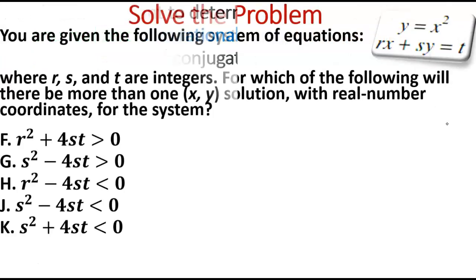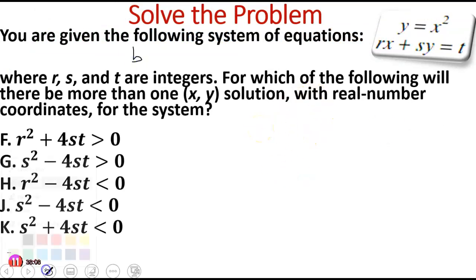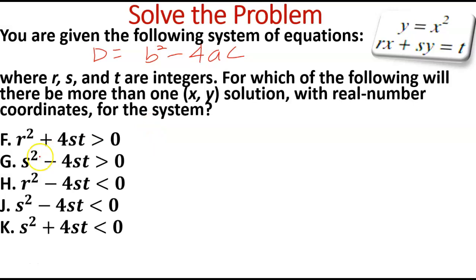Alright, let's look at that ACT problem, so we can see what the discriminant looks like. The discriminant is B squared minus 4AC. Now if you look at these expressions, they look similar to it.